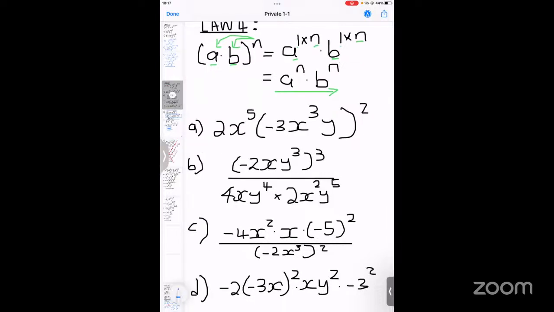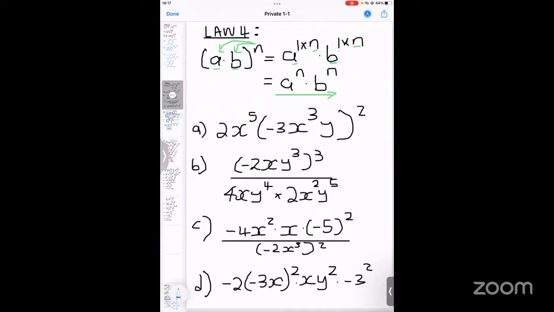No question, but can you see, Langelihle, that it's just a confusion of the application of the laws. It's not like there's something that you don't understand there. Do you agree? Yes, I agree. So that's it when it comes to maths, Langelihle.